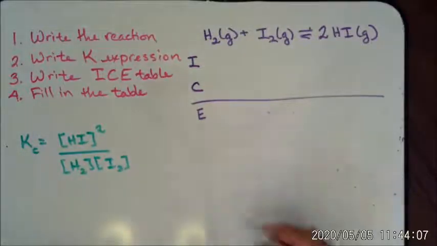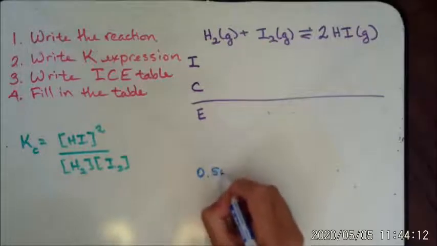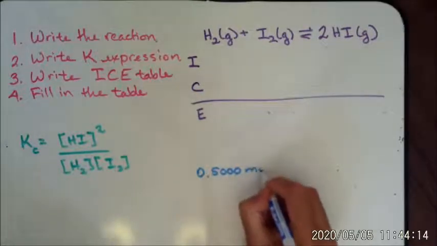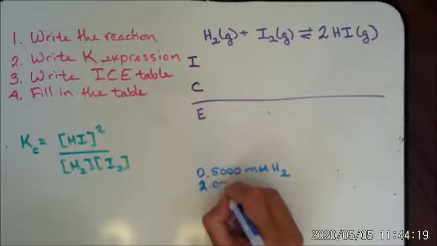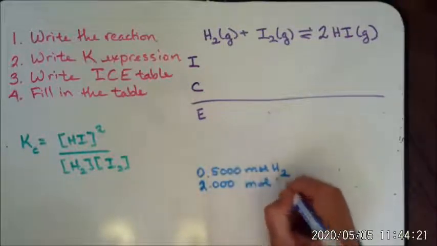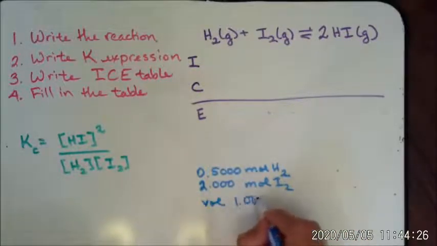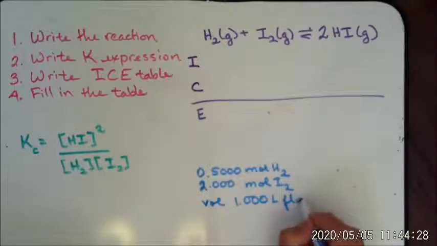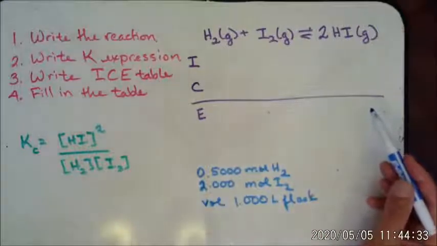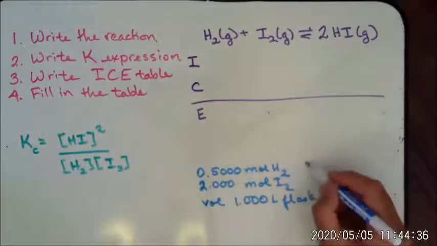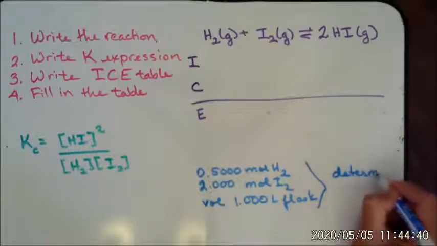When we fill it in, let's take a look. We're given moles, 0.5 and 2, and a volume. It's a 1 liter flask. But we're not given concentration, right? So we need to determine the concentrations.